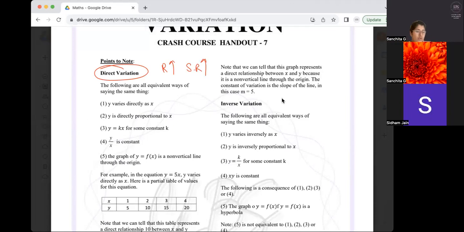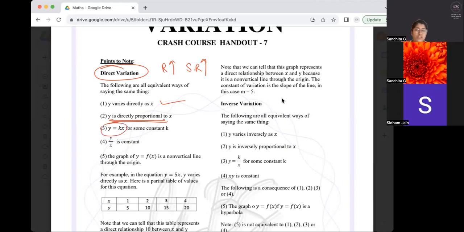That is called direct variation. Both are related to each other. Y varies directly as X: when one increases, the other also increases, not decreases. Direct relation. In mathematical language, we say Y is directly proportional to X.